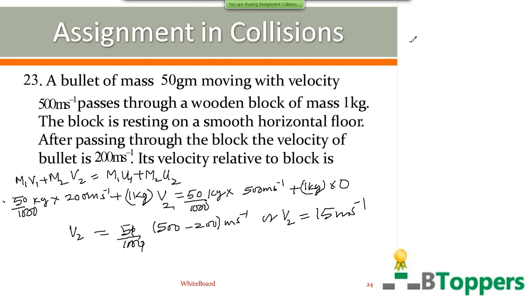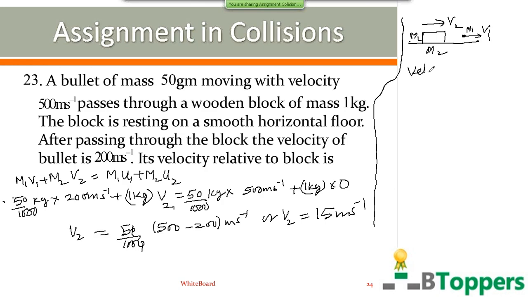That means after the collision, the block is moving with the velocity v2, and the bullet with mass m1 is moving with velocity v1 in the same direction. When the two velocities are in the same direction, the magnitude of relative velocity of one body with respect to another will be equal to the difference in the magnitudes of the velocities of the two bodies.